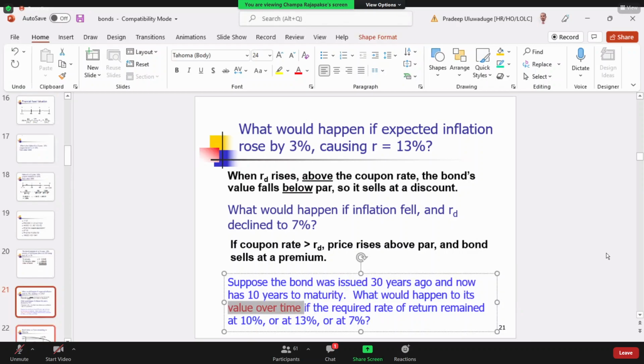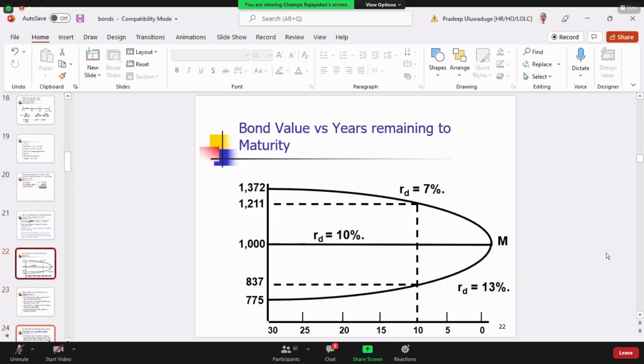So we can explain what will happen over time by using a graph, right? Now, on the vertical axis, you see the value of the bond. On the horizontal axis, you see time to maturity. So at the starting point, it's a 30-year bond.